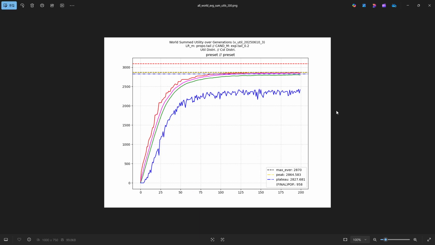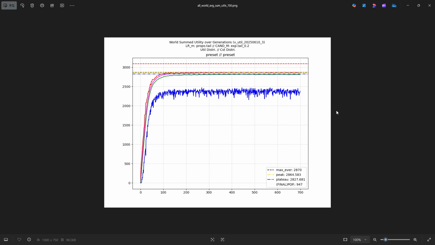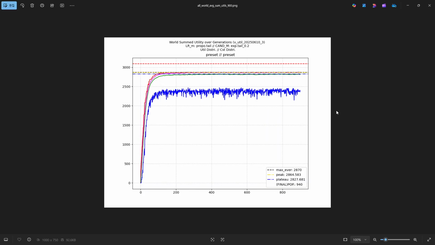Generation 100, 200, 300, 400, 500, 600, 700, 800, 900, 1000. Now, the maximum ever is 2870.